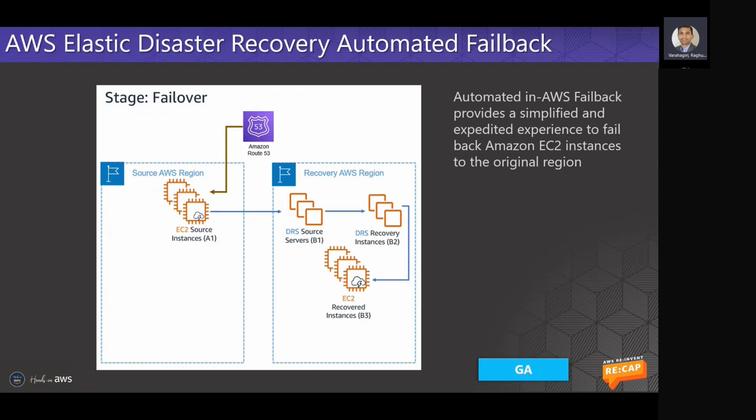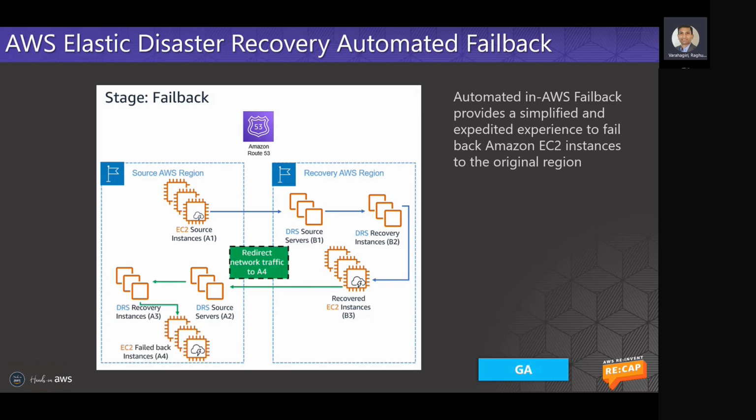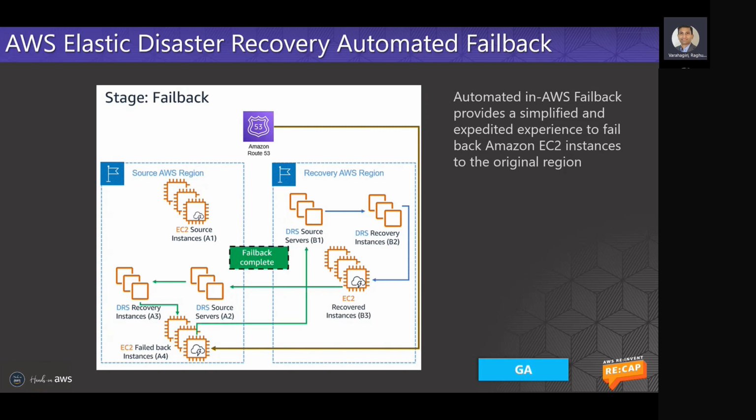So if you're not familiar, you may have heard about failover in the context of disaster recovery planning, right? If your primary environment encounters a disaster, you have a failover environment, or a backup environment, where you fail over all your traffic, so that it takes over the load of your production workload, right?